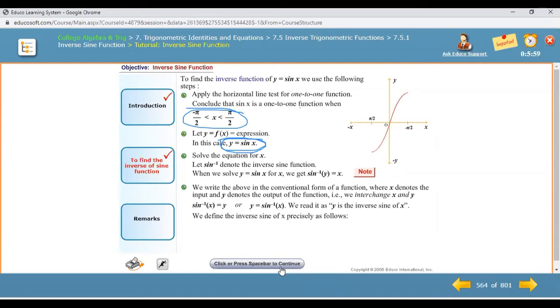That means I need x by itself. So now y equals sine x. How do I get x by itself? I'll operate by inverse of sine on both sides. I'll write sine inverse y equals sine inverse sine x.